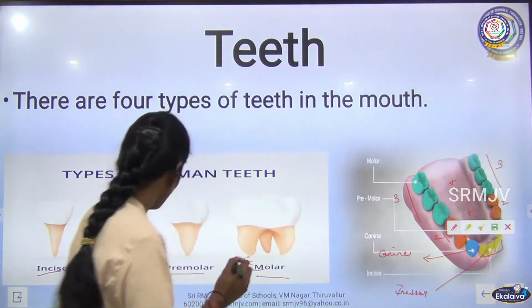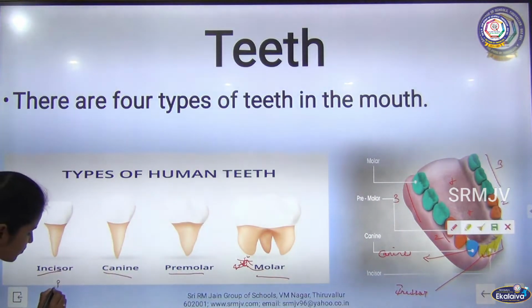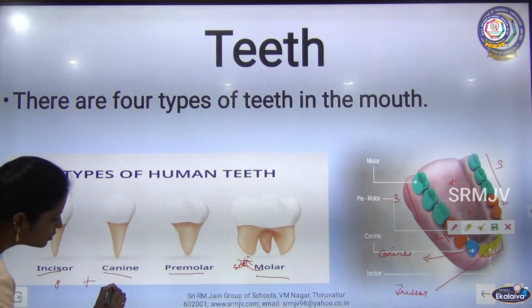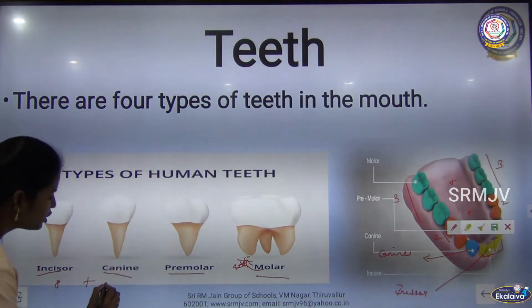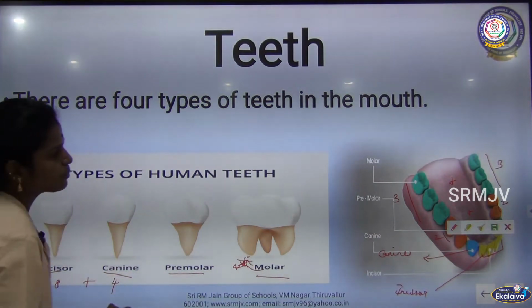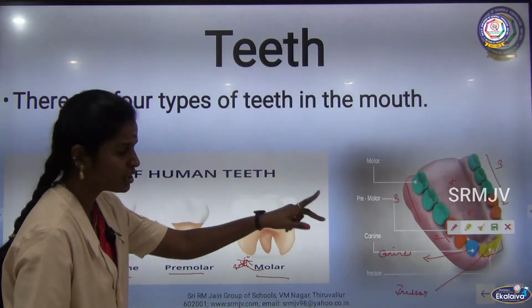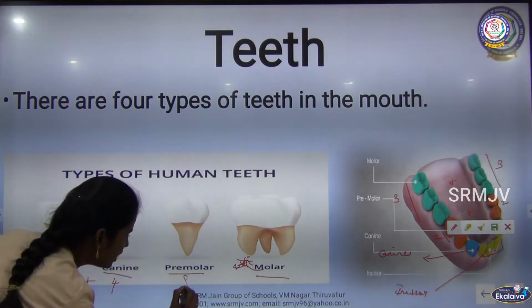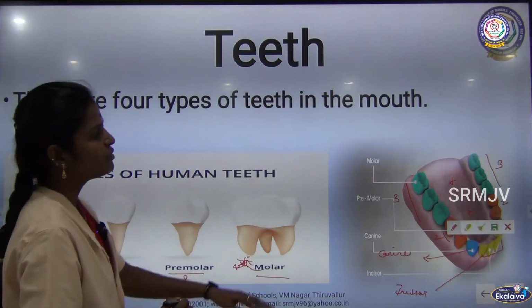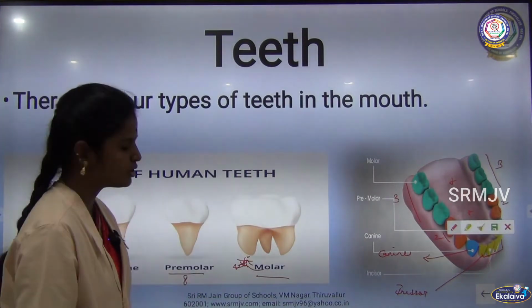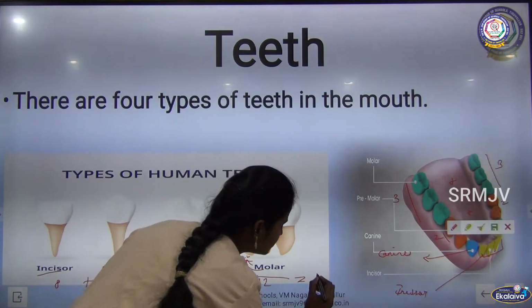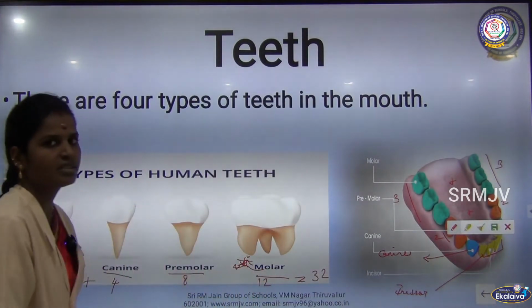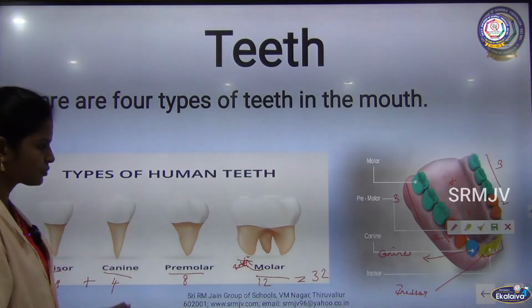So incisors we have 8 totally, canines 2 on the lower jaw and 2 on the upper jaw, so totally 4. Premolars 4 in the lower jaw and 4 in the upper jaw, totally 8. And molars 6 in the lower jaw and 6 in the upper jaw, so totally 12. Overall we have 32 teeth inside our mouth.